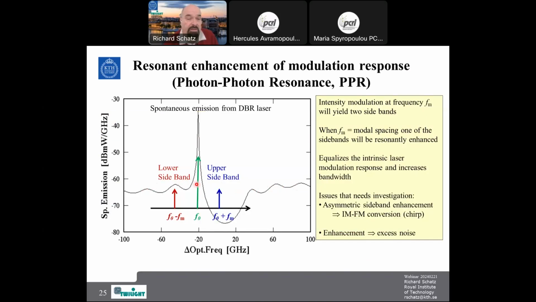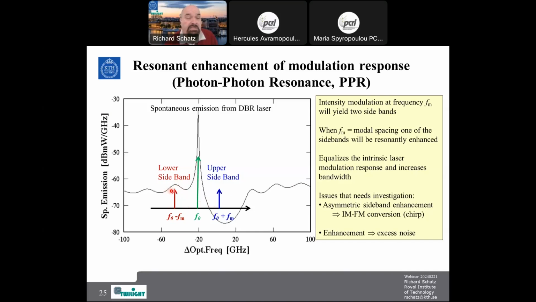When you modulate, you get extra spectral components, an upper sideband and a lower sideband. When one of these sidebands enters a cavity resonance, like this sideband here, it will be optically resonantly amplified.